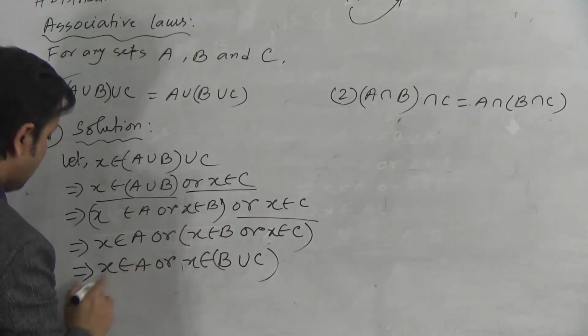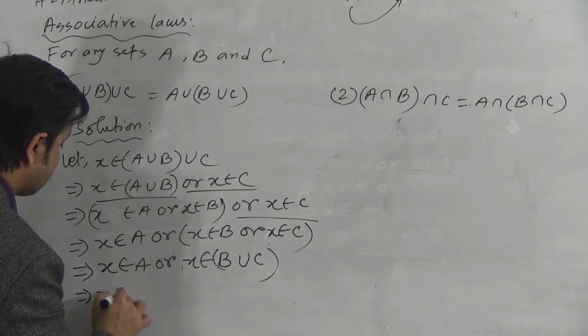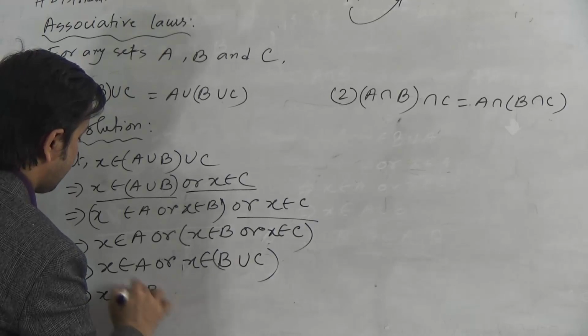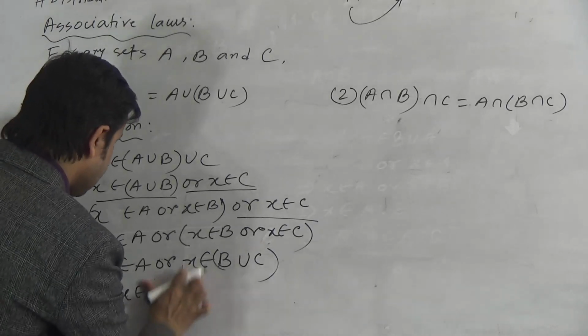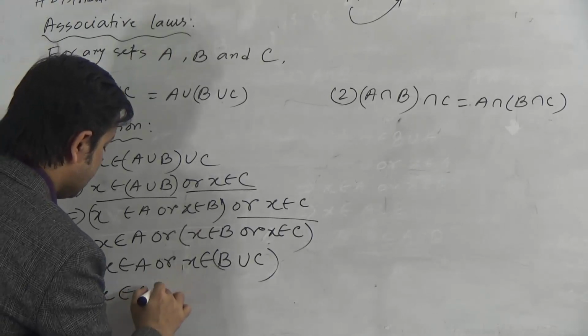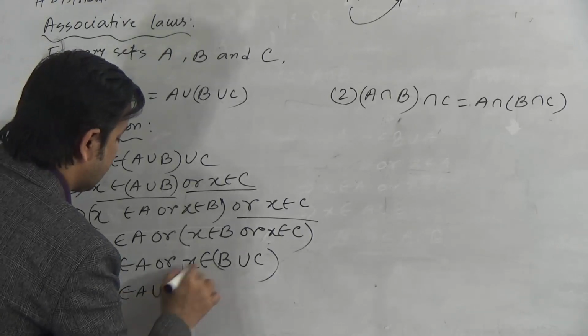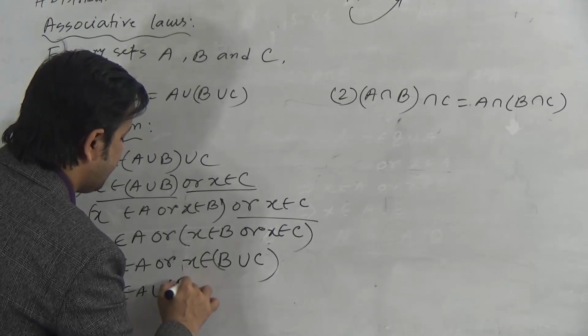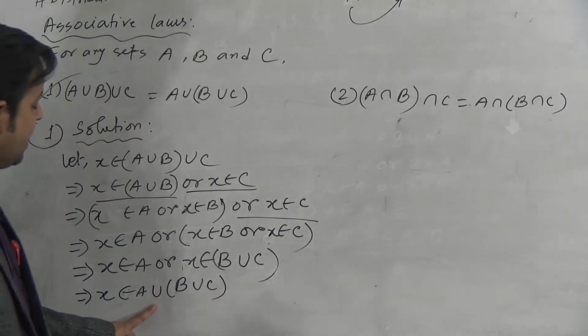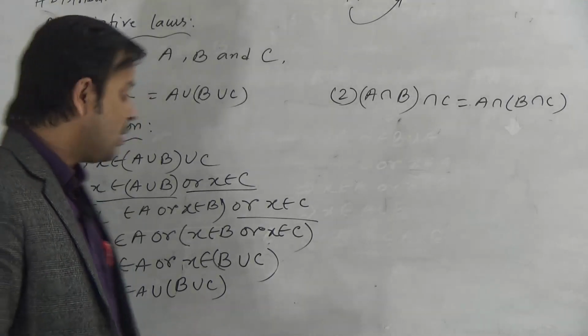Now we have to remove this or, so we can say X is contained in A union B union C. What does it mean?